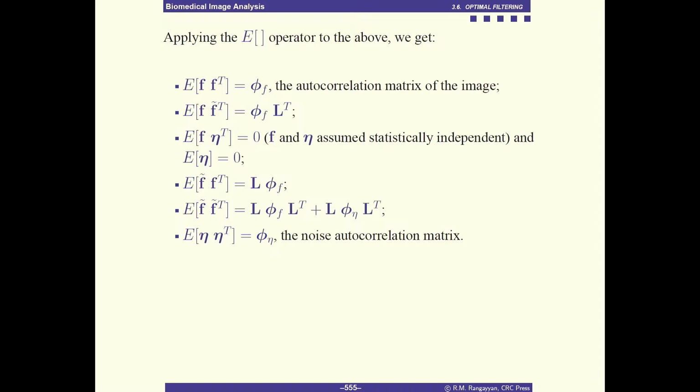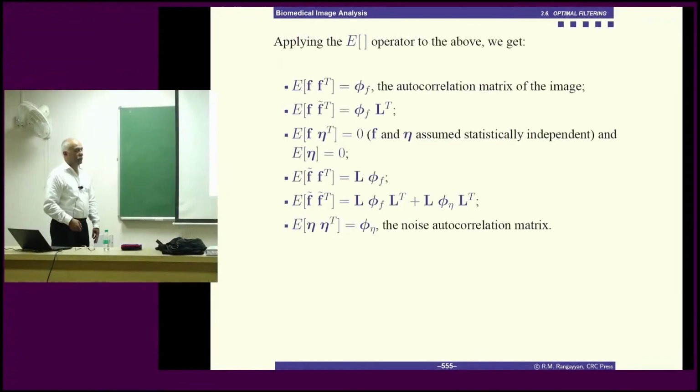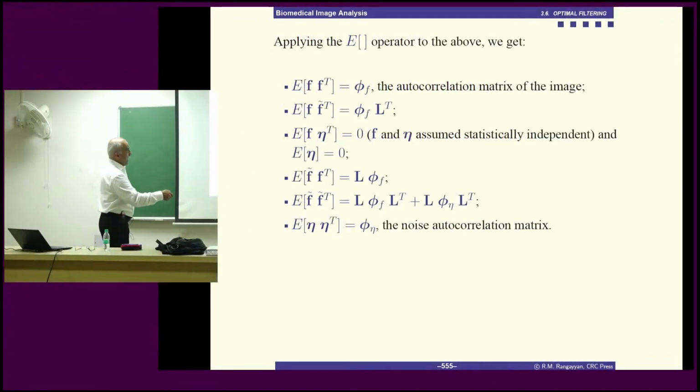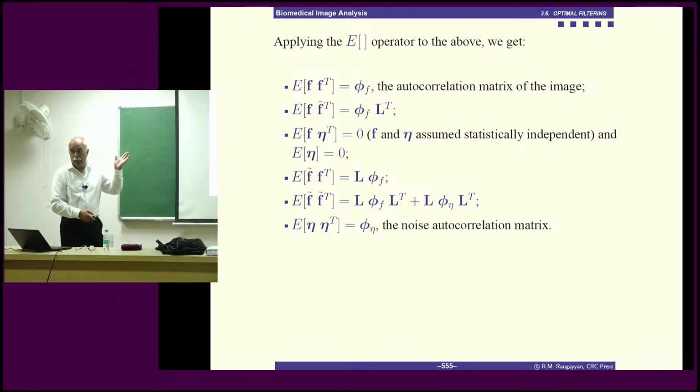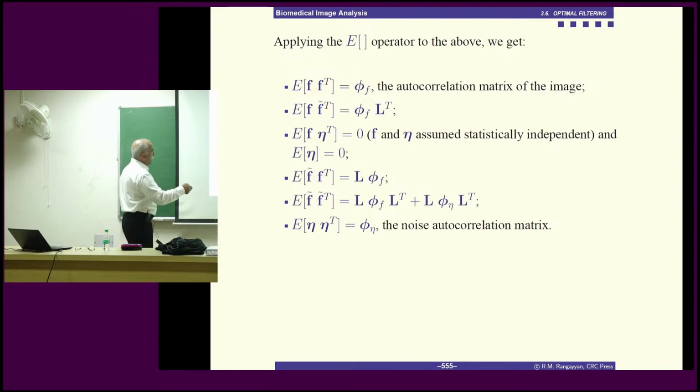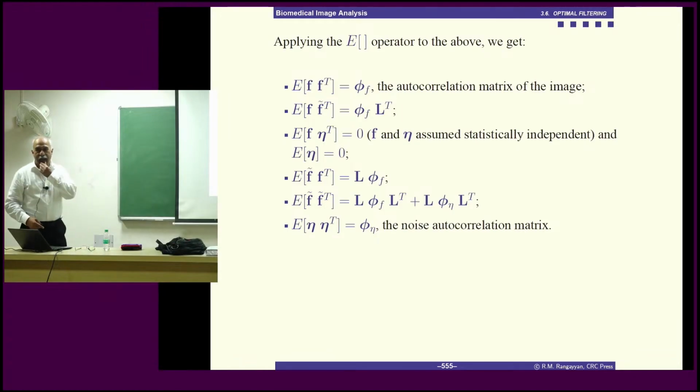So you get only these two terms, L phi f L transpose, and the transposition of that, or rather with the eta, noise. Autocorrelation of signal, autocorrelation of noise, of the original, which you don't know. Expectation of eta eta transpose is phi eta like that. Okay? You should work this out once and you will know.